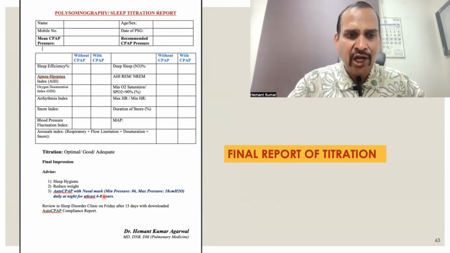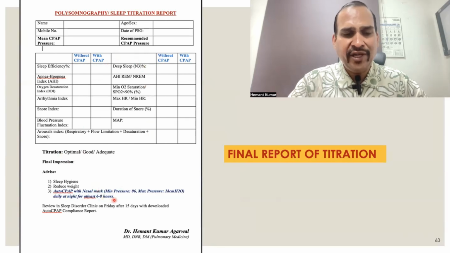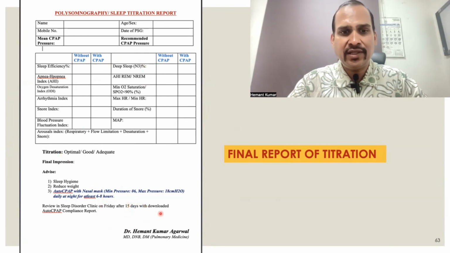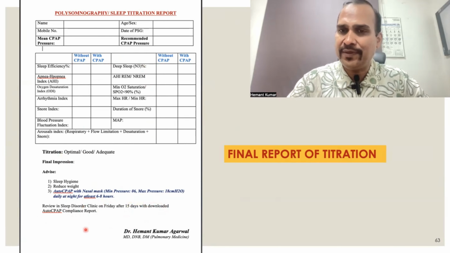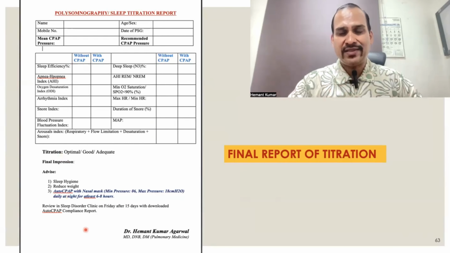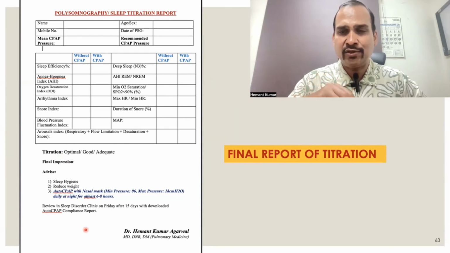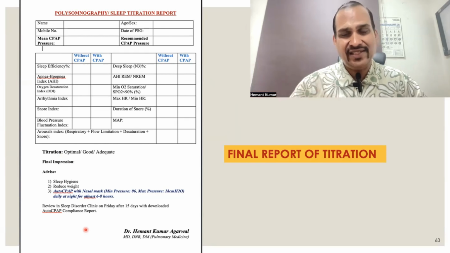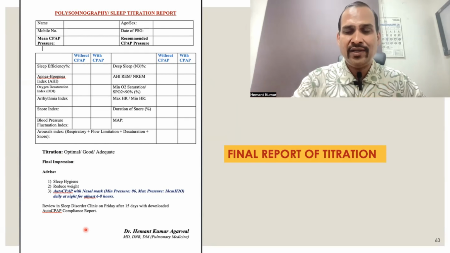Okay, so this is how we give the report, and we have to review the patient after 2 weeks with downloaded data from CPAP. So we can see compliance, because compliance is very challenging. So we have to monitor compliance every 2 weeks initially. So this is how we give the final report of titration.